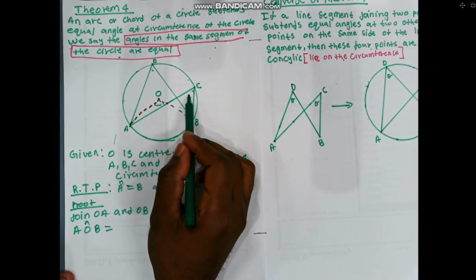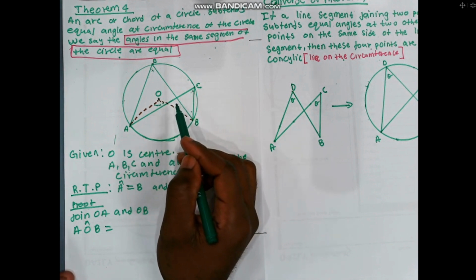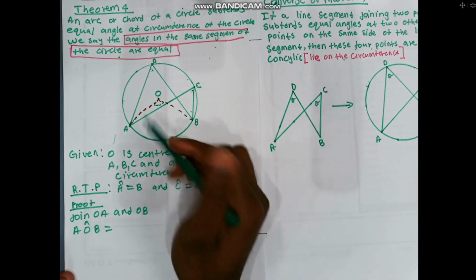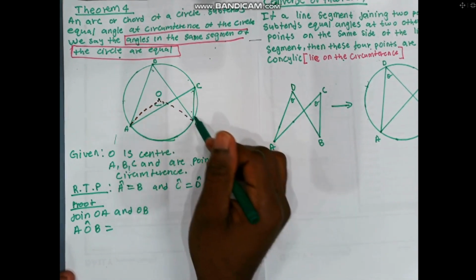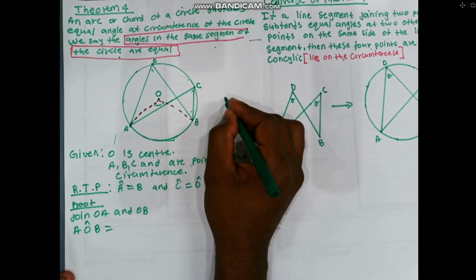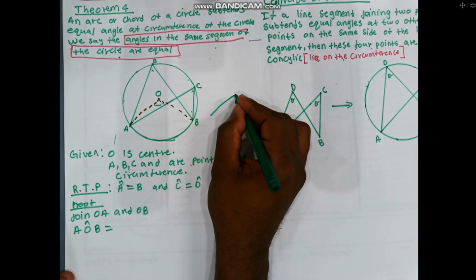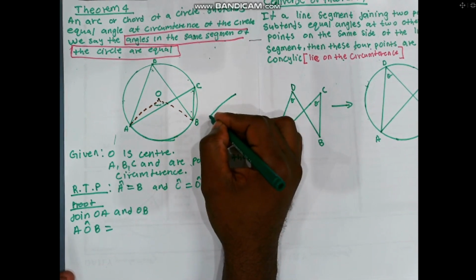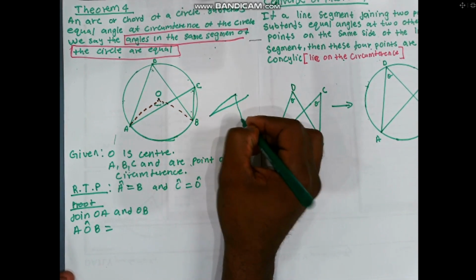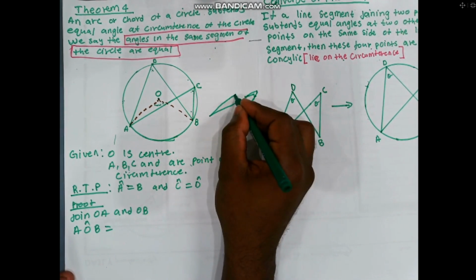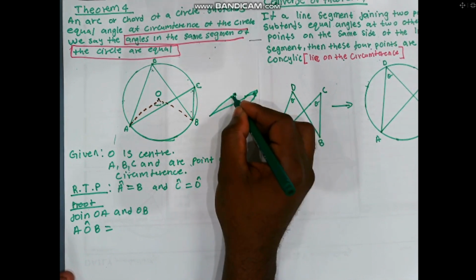This one and this one. You still remember the shape of theorem number 2? There are three times: there's this one that I'm talking about now, this one, and also this one, where there is this shape.